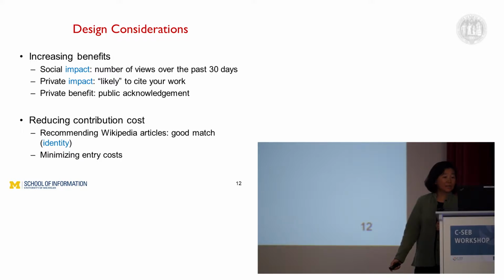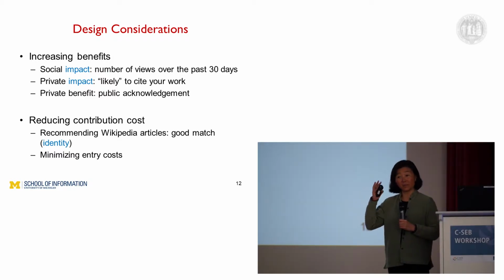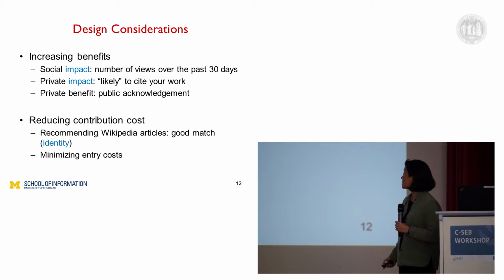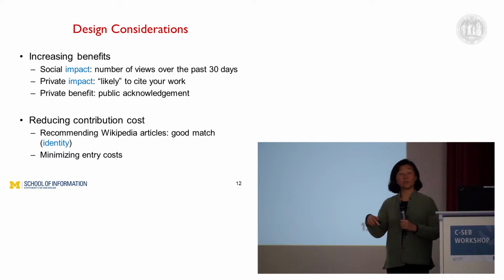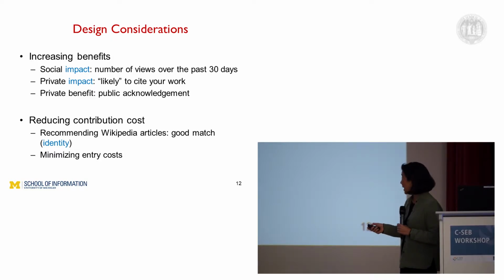So the design consideration is we will both increase the benefit of contribution and manipulate the cost. In terms of increasing benefits, we're going to increase the social impact, which is the number of views of a particular Wikipedia article over the past 30 days. We're going to vary that.